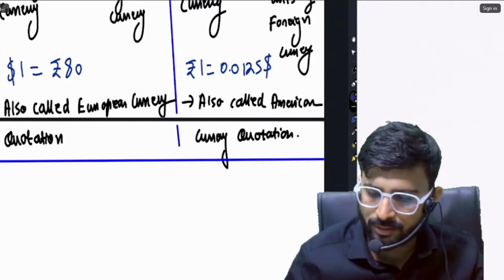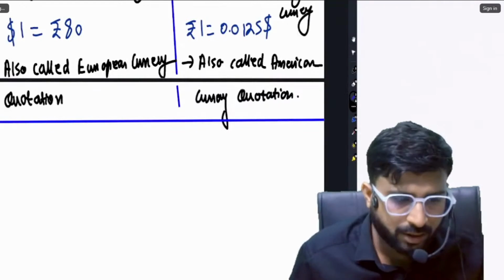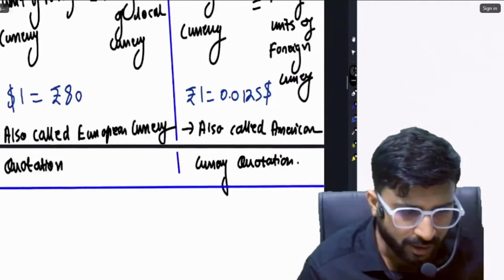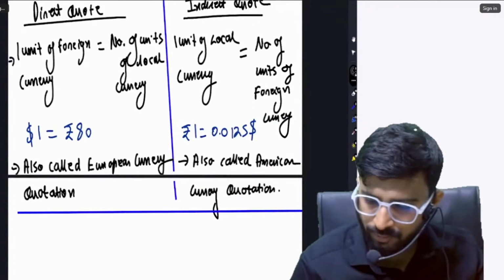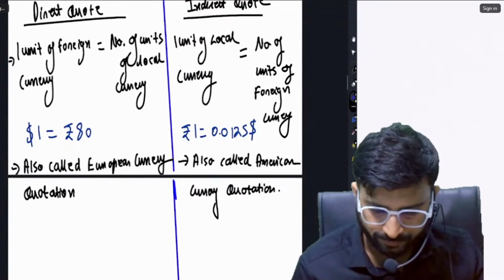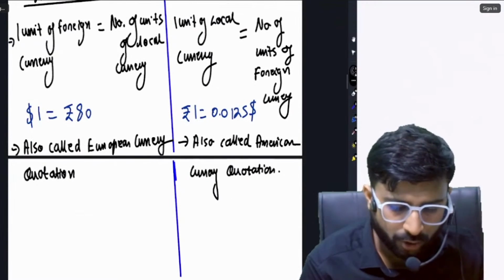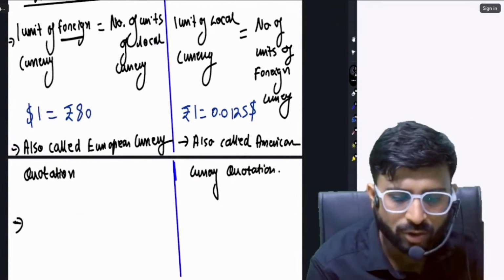Also remember, in this method, direct quote, one more point, let me write it down. In direct quote, you see the foreign currency on this side.